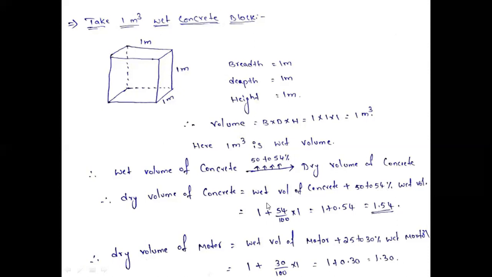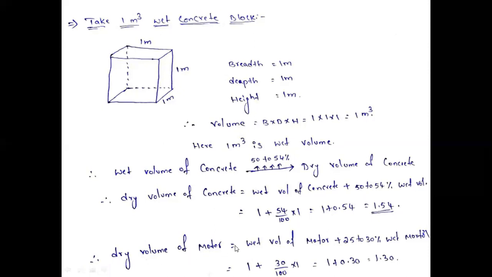So for 1 cubic meter wet volume of concrete, it is 1 plus 54 percent divided by 100 into wet volume 1. So 1 plus 0.54 equals 1.54. So the dry volume of concrete is 1.54 per 1 cubic meter. Then for 20 cubic meter, dry volume of concrete equals 1.54 into 20.